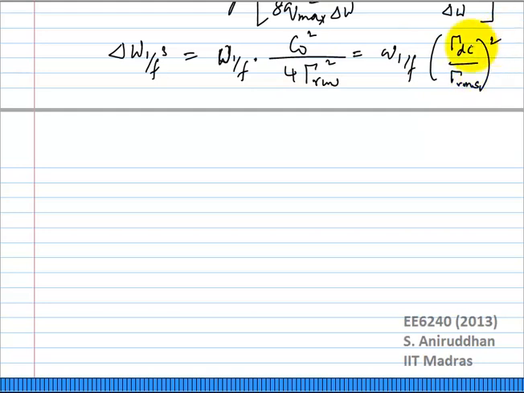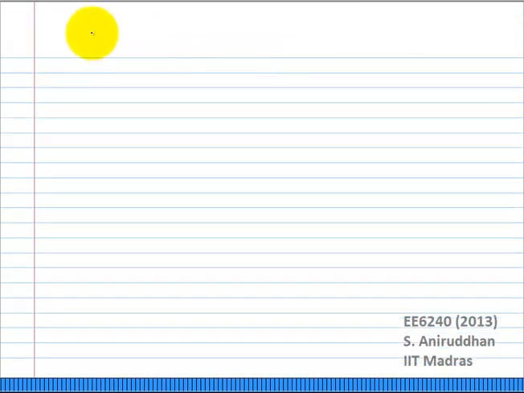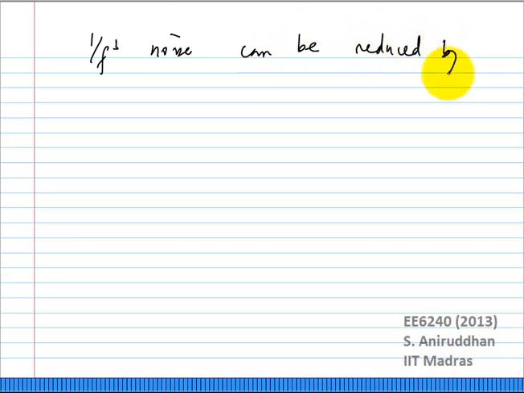And we said fundamentally the important takeaway from this is that the 1 over f cube region noise can be reduced by reducing gamma DC, by making it more symmetric. So you make your oscillator waveform more symmetric, gamma DC reduces, and therefore the 1 over f cube noise reduces. Understood?